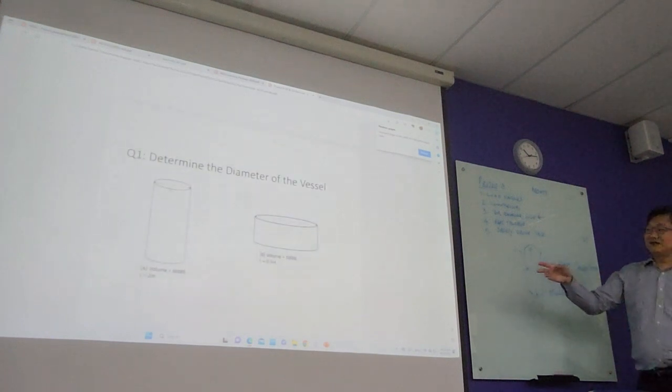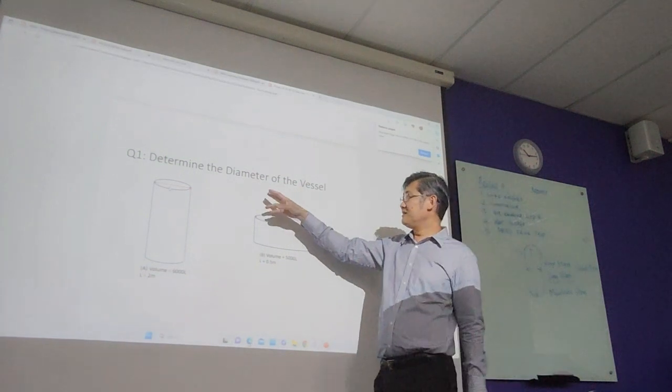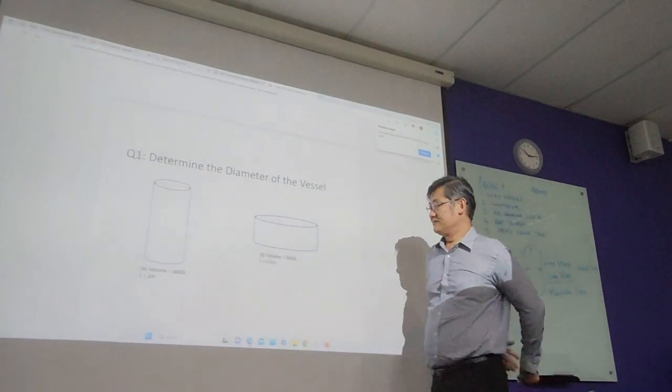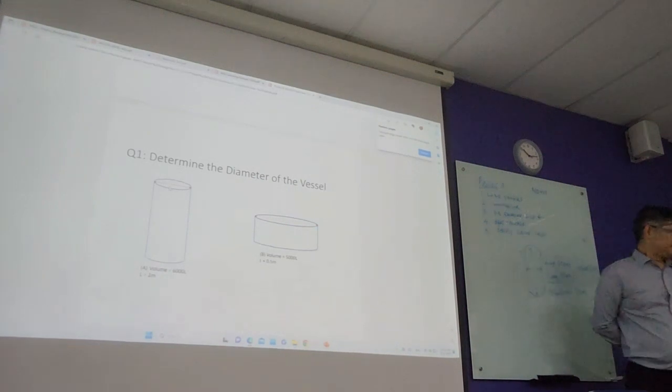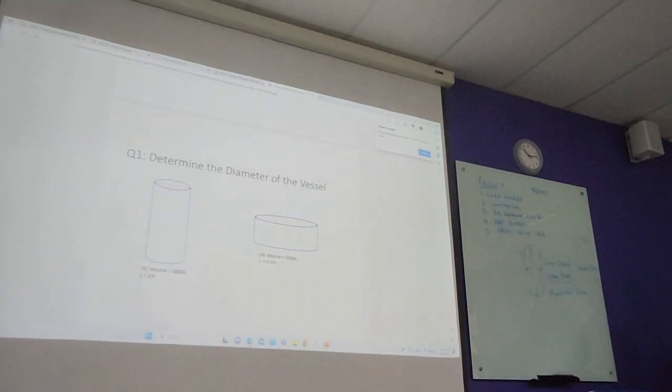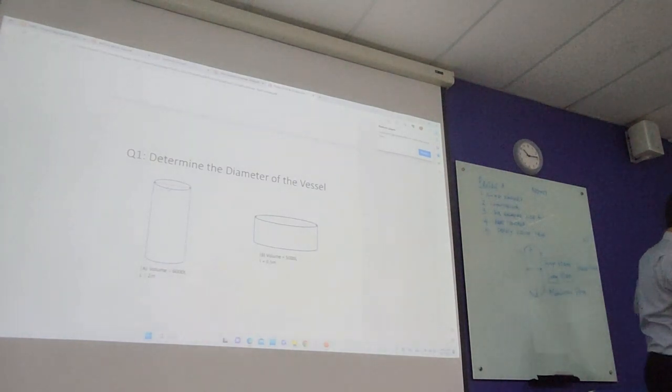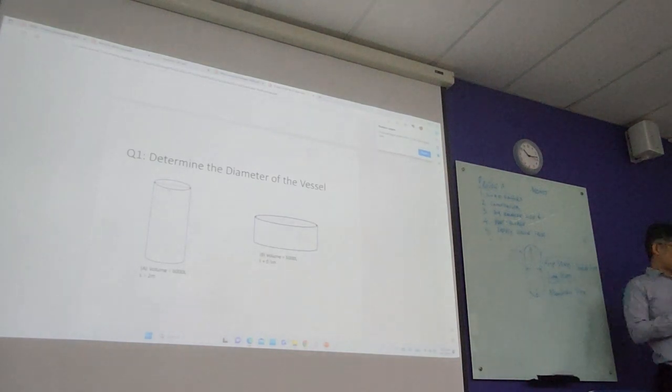let us do an exercise here. Determine the diameter of this vessel, the simple one. Let's see whether you can get a grip of this. Can you find out the diameter for this cylinder? Later you have a volume.